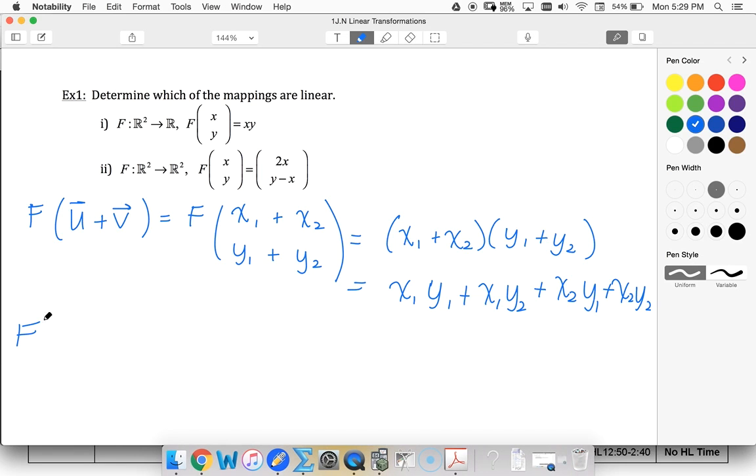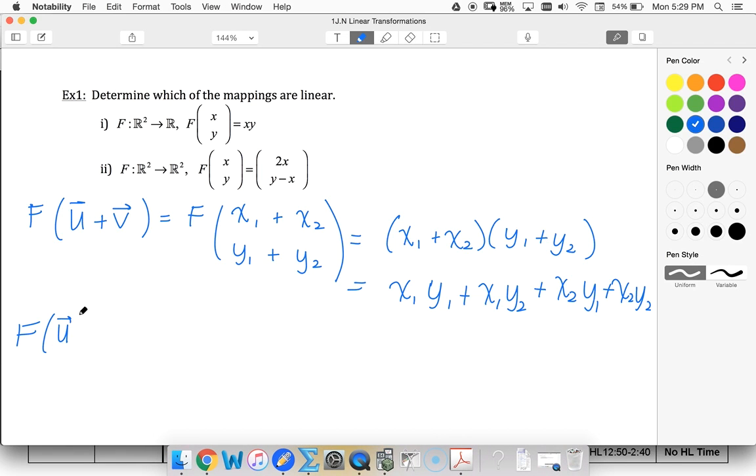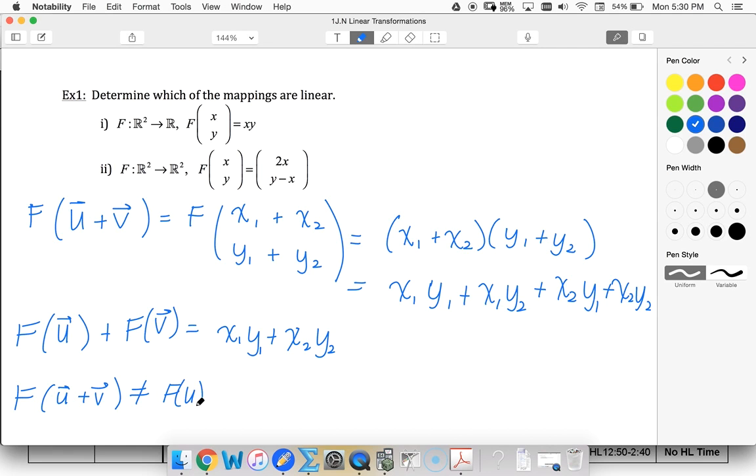But if I took f of u plus f of v, that would give me x1 y1 plus x2 y2. These are not equal to each other. So I can stop right there and say this is not a linear transformation.